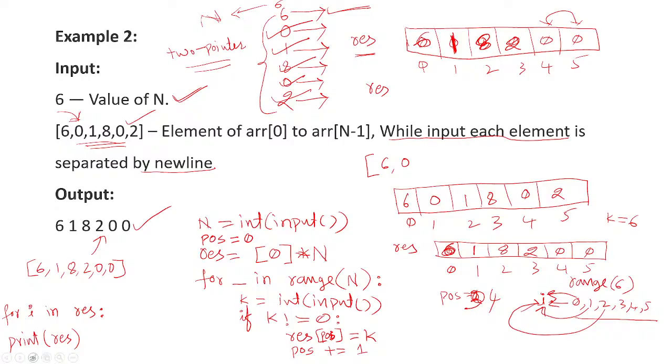Here you print the value like this, print result of i. Each print statement prints the numbers on the next line, so it will be printed like 6 1 8, but we want it in horizontal fashion, so the numbers should be printed in a row.